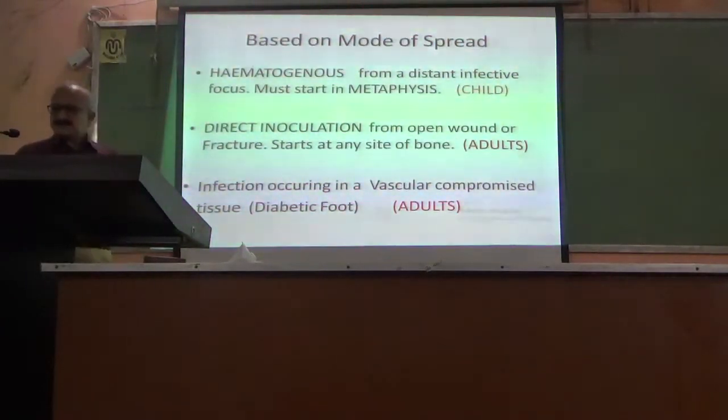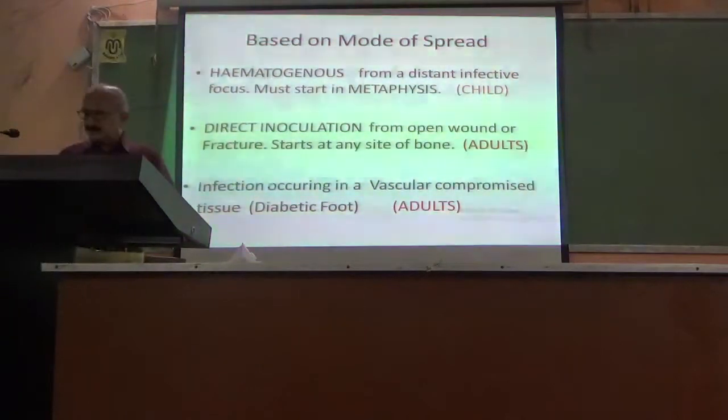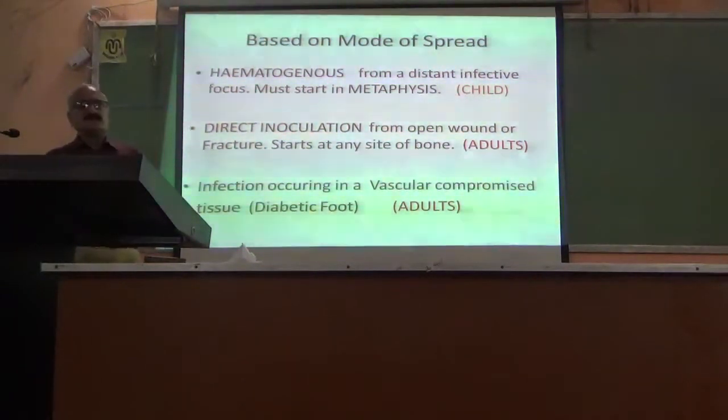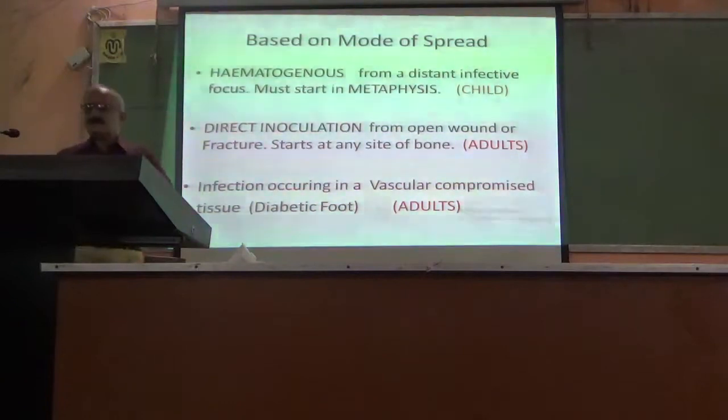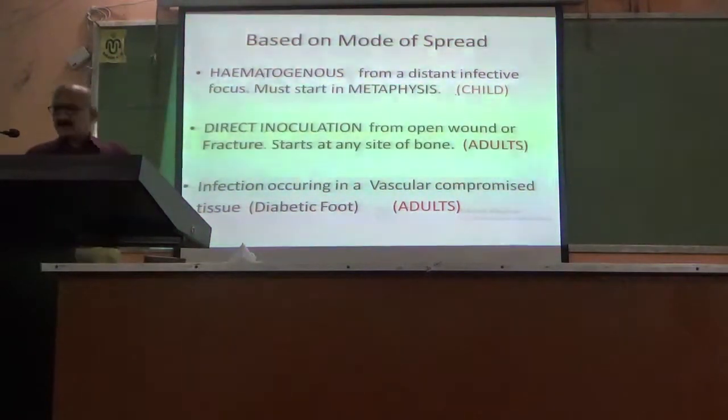But based on the mode of spread, which is probably more clinical and more informative, we have 3 types of classification. That is hematogenous, that is from a distant infective focus.